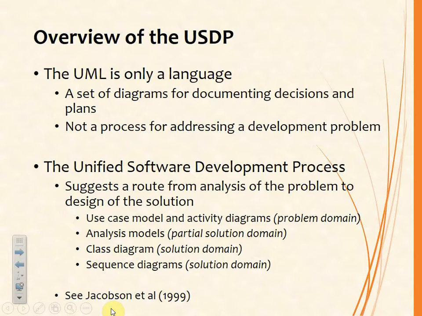One such process is the USDP, Unified Software Development Process, which makes use of the UML in terms of its diagrams and suggests an order in which those diagrams can be used to get from the initial problem description to the final program solution. The diagrams that we will use from the UML to achieve this are the use case model and attendant activity diagrams, analysis models, class diagrams, and sequence diagrams.